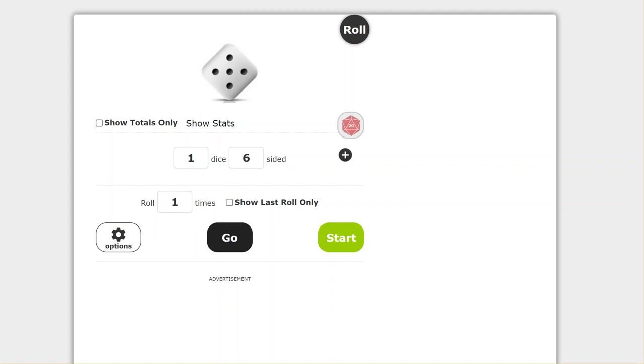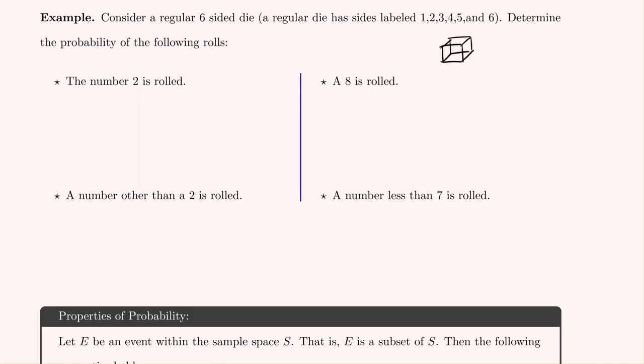To help us visualize this, if I rolled a die, this would be rolling a 2. This would be rolling a 3, a 1 again, a 3, and there are sides with 1 through 6.